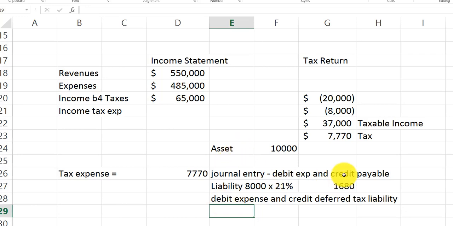That's up here. So these are two different accounts, please. We need to keep track. This is a long-term liability.